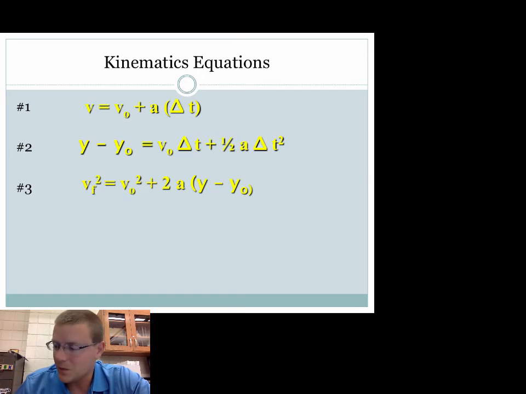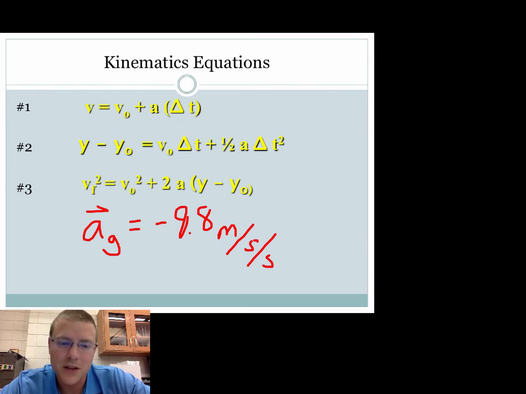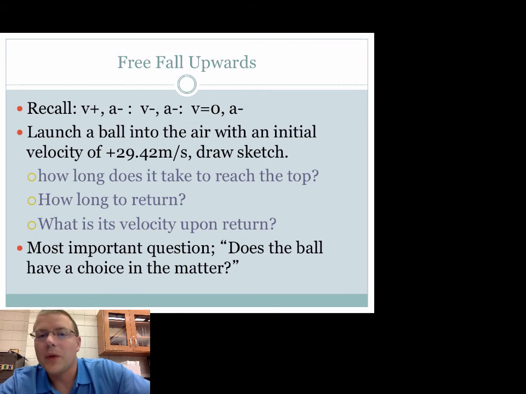And the only big difference here is that if you have an acceleration, that acceleration due to gravity ends up being negative 9.8 meters per second each second. I do like writing the acceleration as AG. That way you remember that gravity is an accelerator and you don't think it's just this separate variable off by itself.